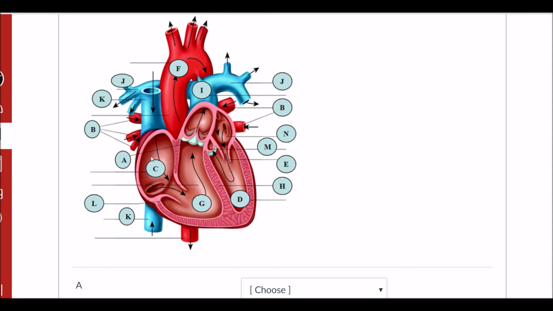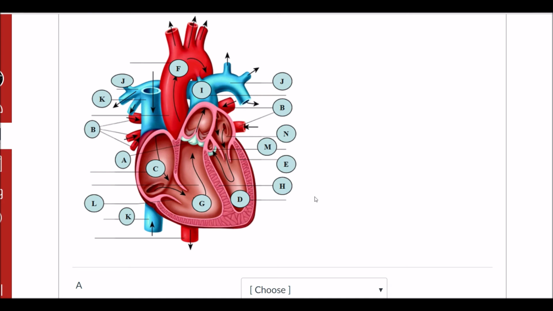I think C is supposed to be right atrium. Yeah, C is the right atrium. So I think we messed up that one. L is pointing more to the valve now that I look at it. So L should be tricuspid. C should be right atrium. And M is the last valve we didn't do, which is the aortic semilunar valve.